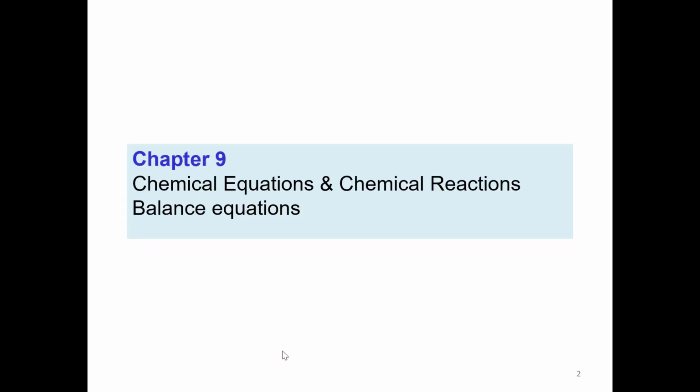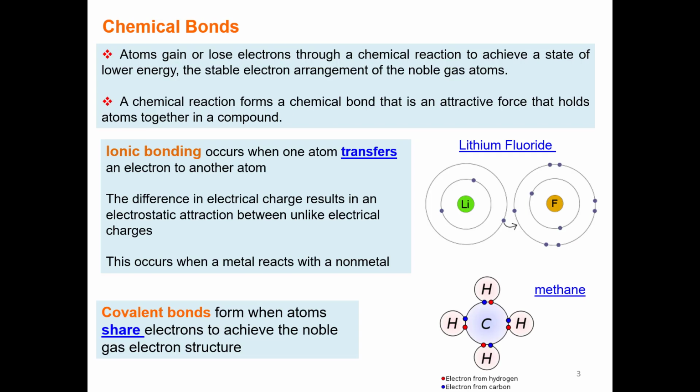And today we are going to discuss chemical equations and chemical reactions, and how to balance chemical equations. In the previous class we discussed chemical bonds, and we said the atoms gain or lose electrons through chemical reactions to achieve a state of lower energy.